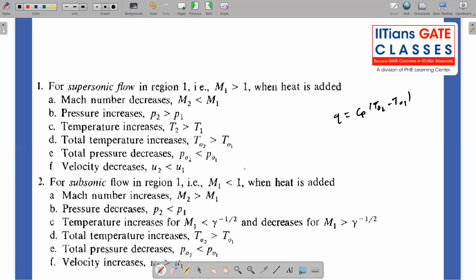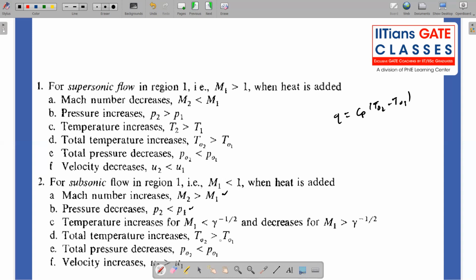In a subsonic flow, if I add the heat, Mach number increases, pressure decreases, and temperature is one property which has different behavior. Up to M equal to 1 by root of gamma, it is going to increase, and after that it is going to decrease. We already saw that. So that's the point of maximum temperature in the graph.